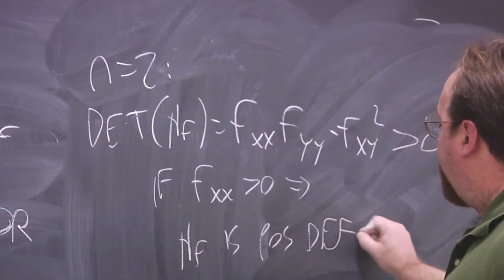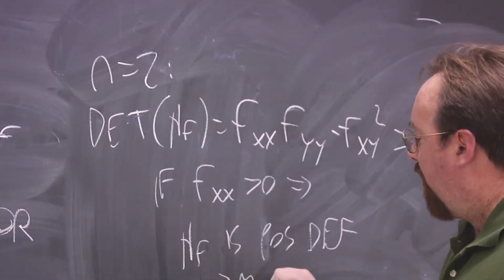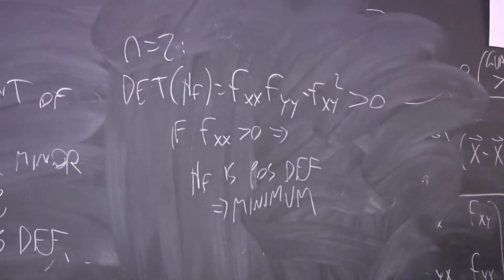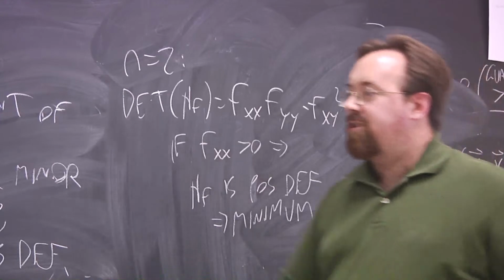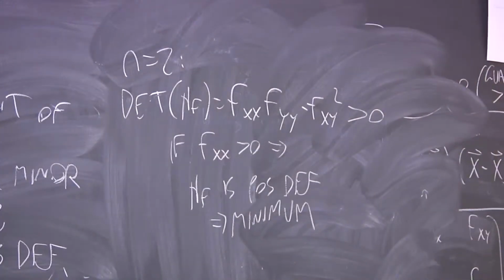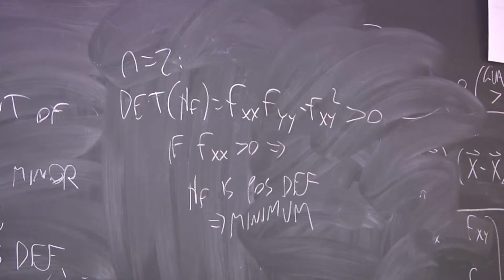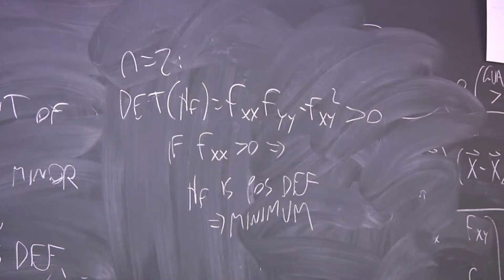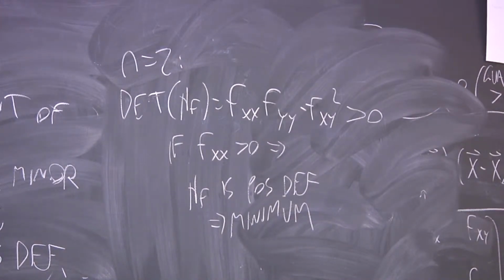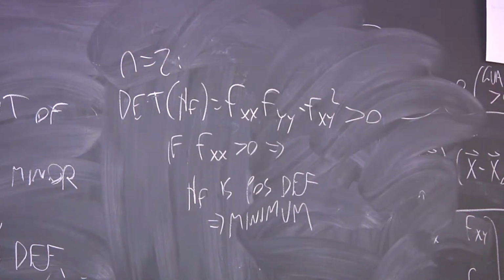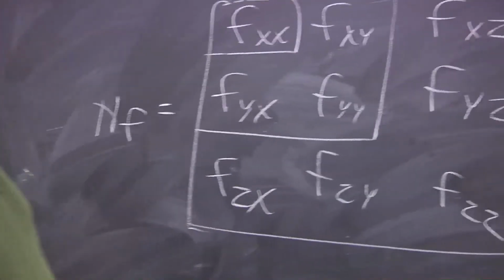The matrix is positive definite, and therefore what you have is a local minimum. So this is another way of looking at the test I gave you last time. It requires knowing how to compute the determinant of the matrix, how to handle the three variable case.